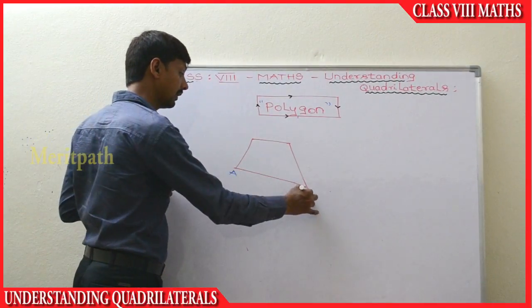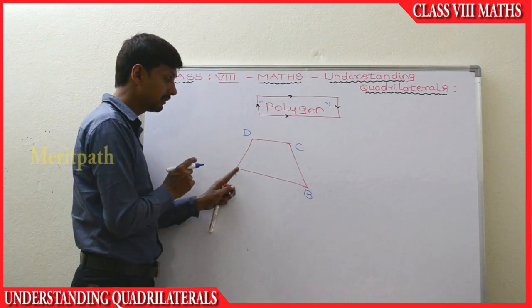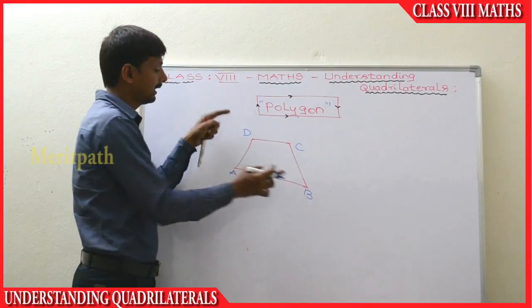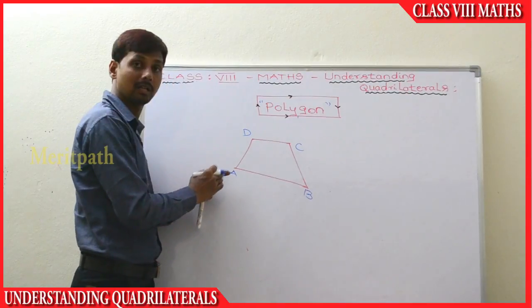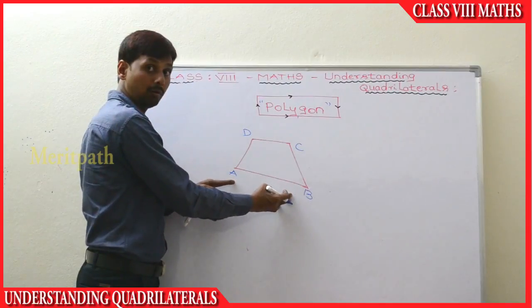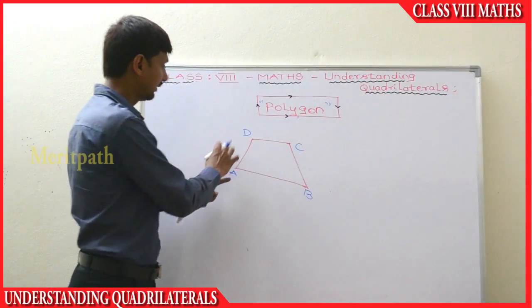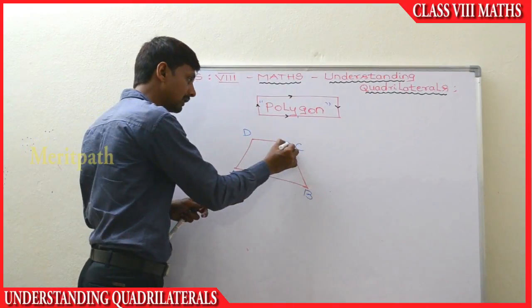A, B, C, D are the vertices of the quadrilateral, and A and C are non-consecutive vertices, and B and D are also non-consecutive vertices. The vertices that immediately follow each other are called consecutive vertices. Non-consecutive vertices are these two.